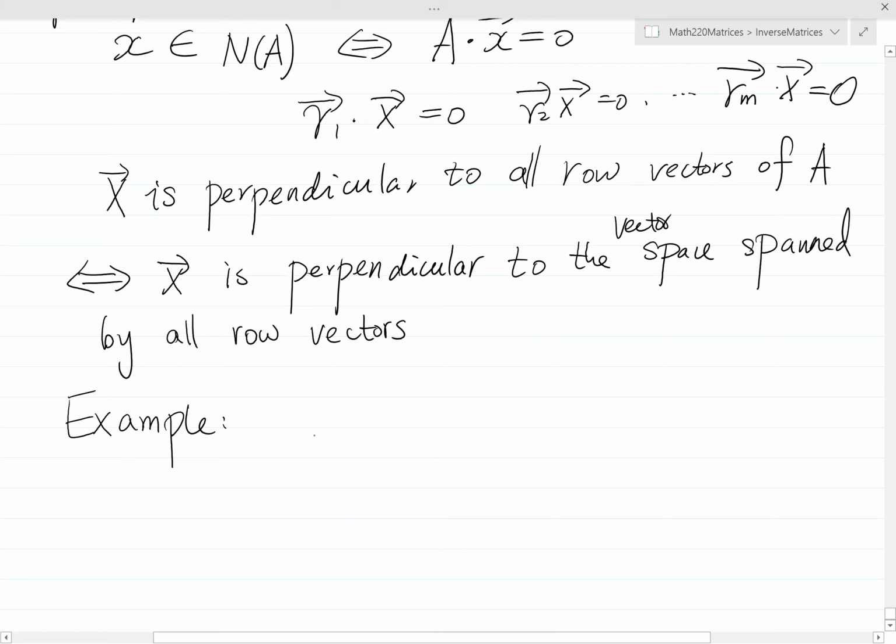Let's choose this matrix A to be 1, 1, 0, 0, 1, 1, 1, 2, 1.